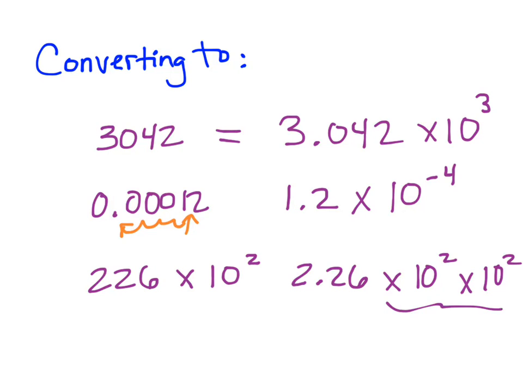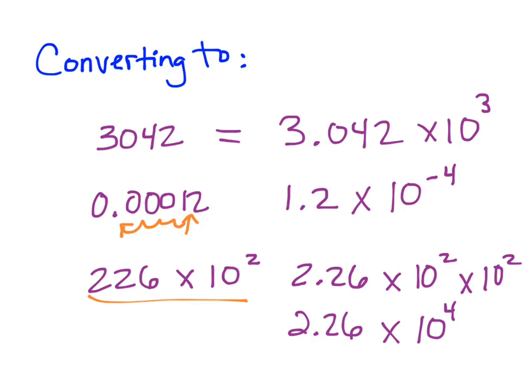And then I need to combine these two because scientific notation just has one 10 with an exponent after the number. So now we can bring in rules for combining bases with exponents. Right? So 10 squared times 10 squared, you would add the exponents, and that would be times 10 to the 4th. And you can always check this by just checking the numbers in standard form and making sure they're equivalent.